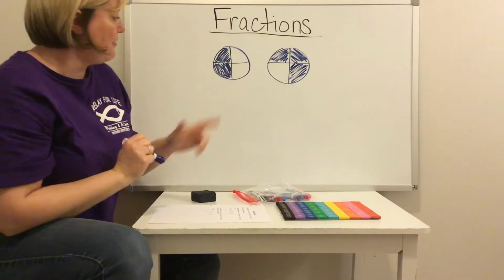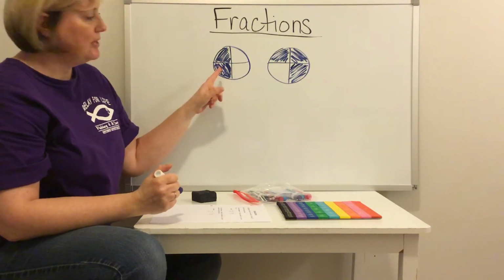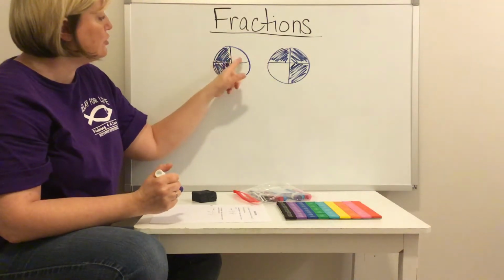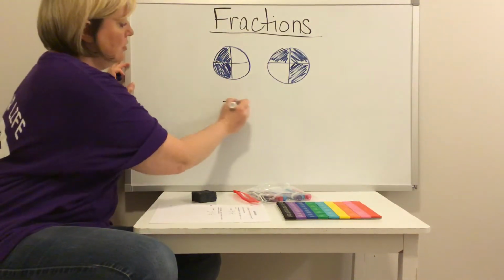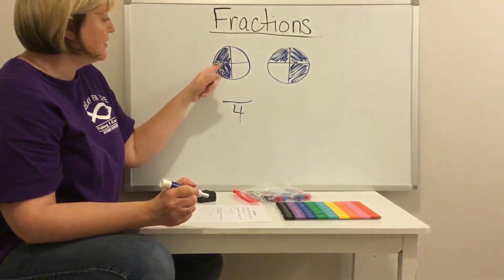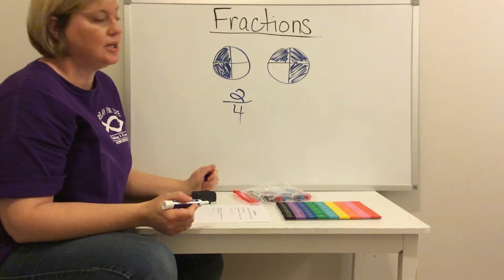So, my fraction for this one, first my denominator is how many pieces total it's divided into. 1, 2, 3, 4. And my number of shaded pieces, there are 2 of them. So 2/4 of that fraction is shaded in.